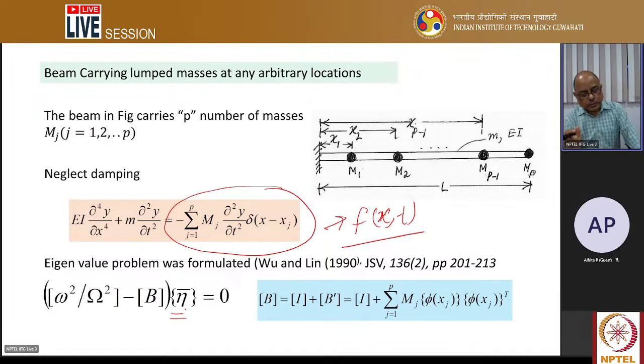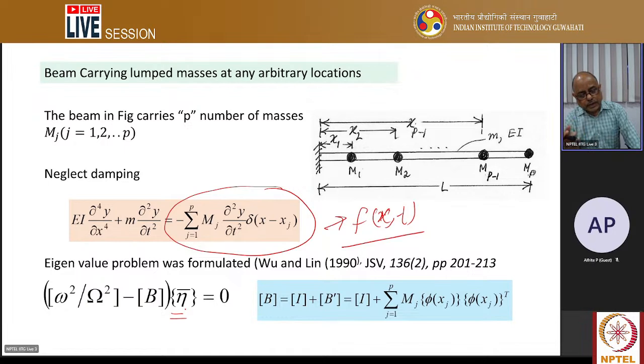Here we use the exact mode shape function of the beam which does not carry any concentrated mass. For that, the exact solution for the mode shape function is known, so this shape function is used to formulate the eigenvalue problem.